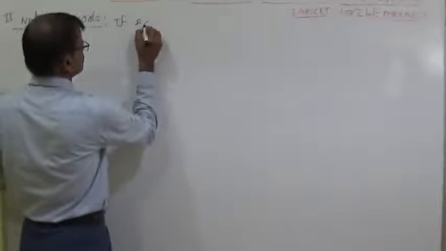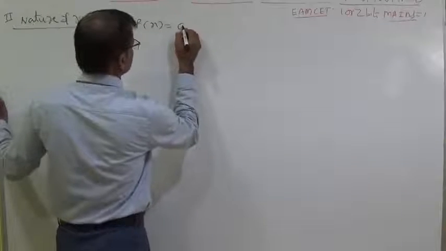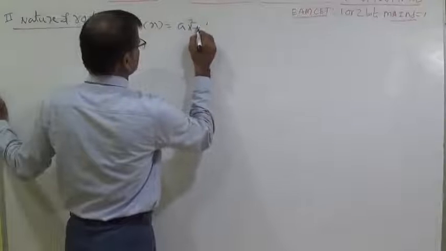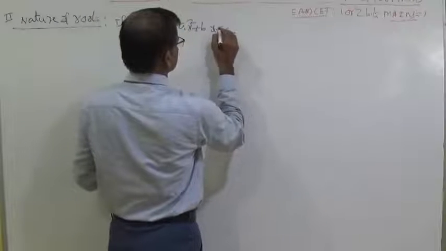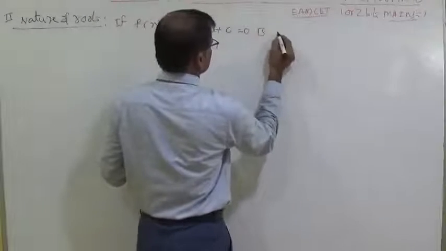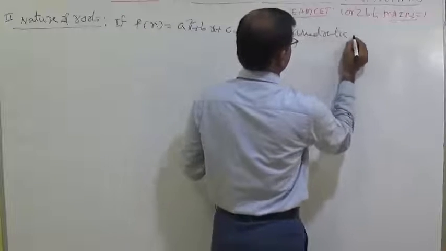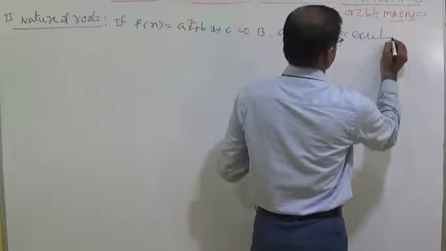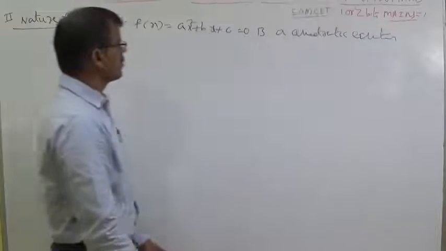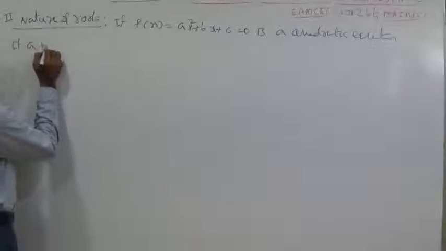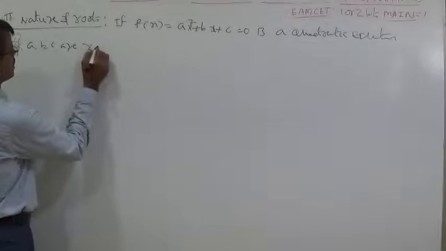If f of x equal to ax square plus bx plus c equal to 0 is a quadratic equation, and a, b, c are real.